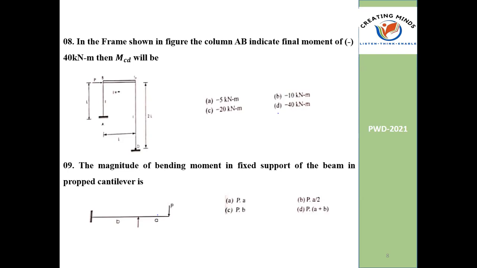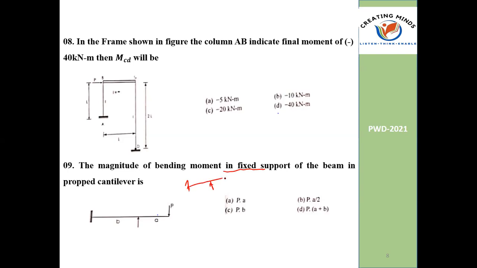We have discussed: PAB into L plus B divided by 2 times L square. For bending moment at fixed support of the propped cantilever beam, he is asking.